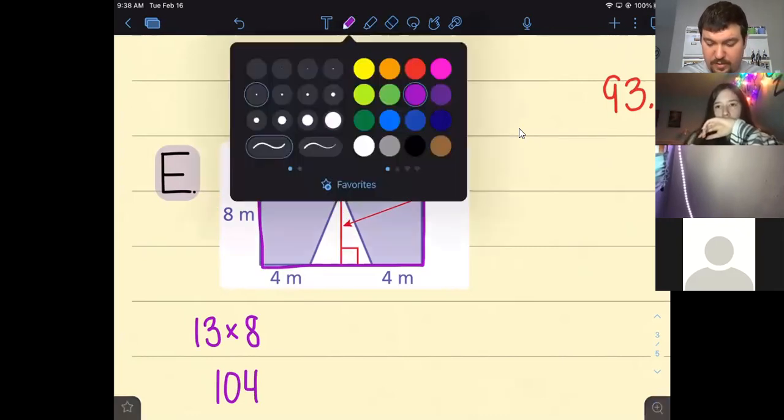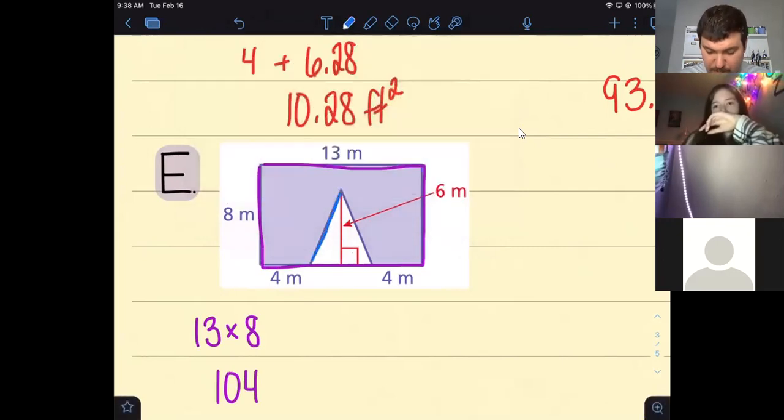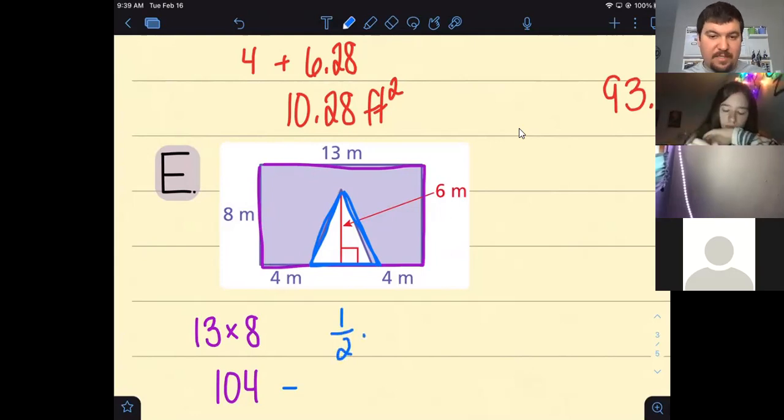So what I'm going to do is I'll find the area of this triangle piece that's missing. And instead of adding the areas, because it's not there, I'm going to subtract the areas. I'm going to take it away. And that's what makes this example a little bit different. So the formula for the area of a triangle is 1/2 times its base. Now this one is going to make us work a little bit. I know this is 4, and I know this is 4, and I know the whole thing is 13.